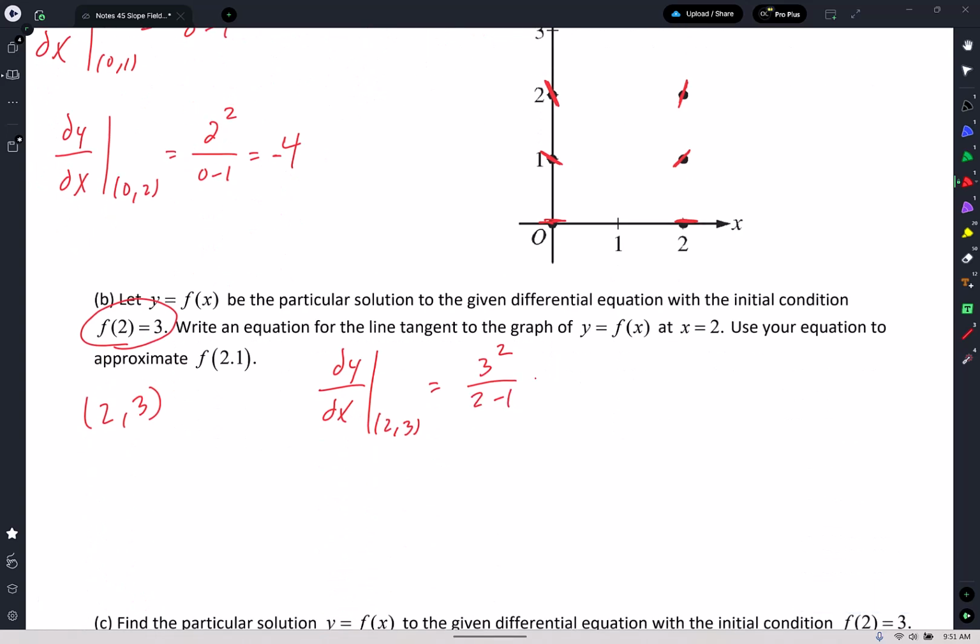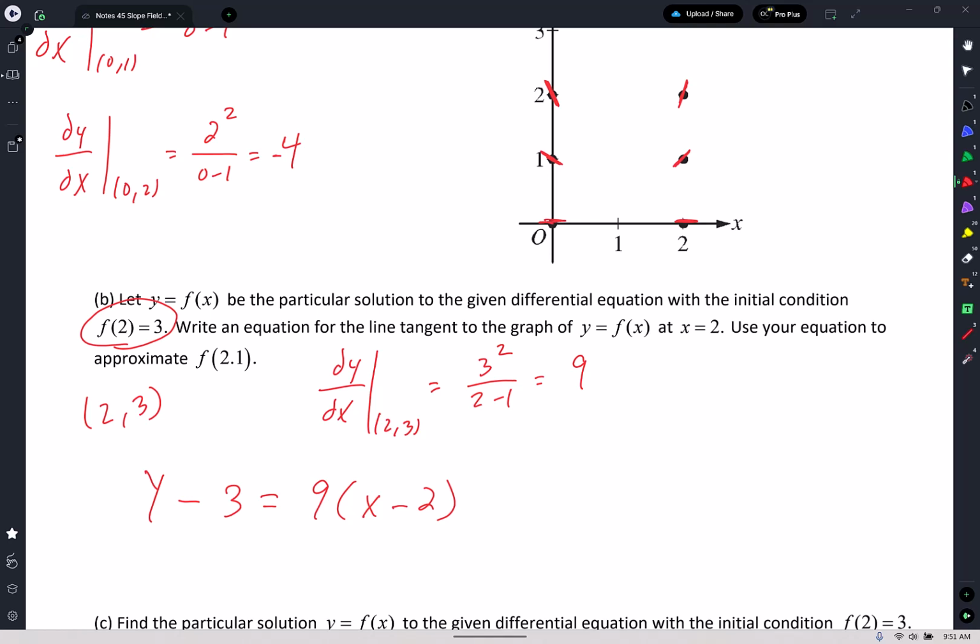You don't have a calculator, guys, so you're going to have to do this by hand. What's 3 squared? 9. 2 minus 1 is 1, so there it is. The slope is 9. And here it is: y minus 3 equals 9, parentheses, x minus 2. Done. That's the tangent line.